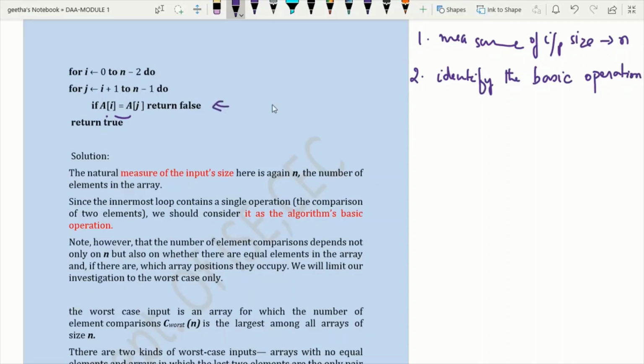While identifying the basic operation, remember that it has to be the operation executed the greater number of times. So here it is the comparison again. The basic operation is the comparison, because the check if A[i] equals A[j] executes more number of times.